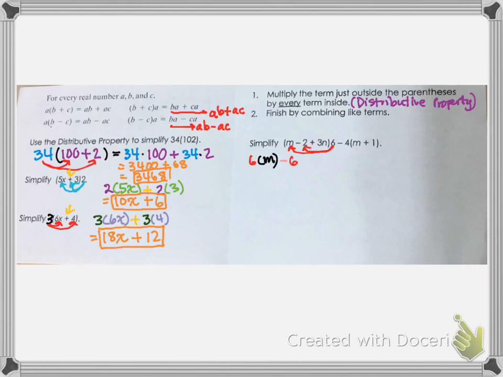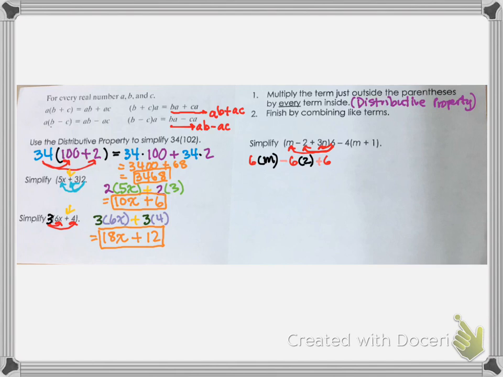So I don't have to worry about signs because I've already taken care of them. And then we're going to multiply 6 times 3n, and it said plus in front of it, so I'm going to put a plus in front. And then we're going to get 6 times 3n.